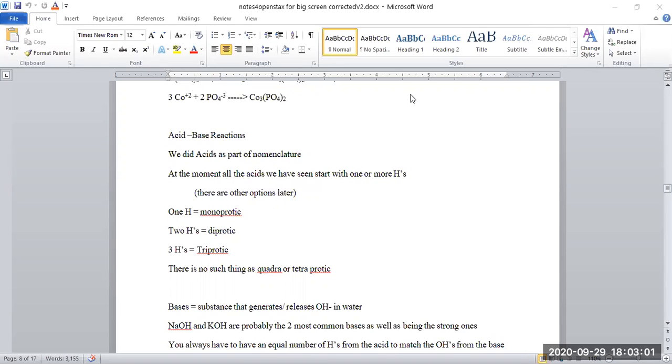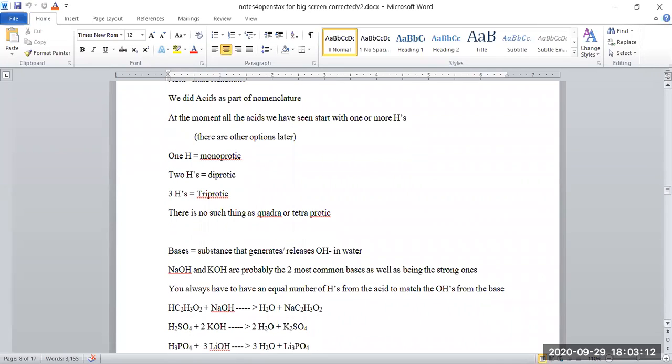So if you have an acid, you want to make an acid-base reaction, we obviously need the other half. And we've seen these, but we haven't really talked about them in terms of them being bases. So again, for this semester, anything that generates or releases OH minuses, all of this is done aqueous.